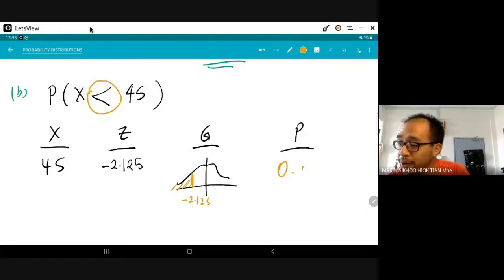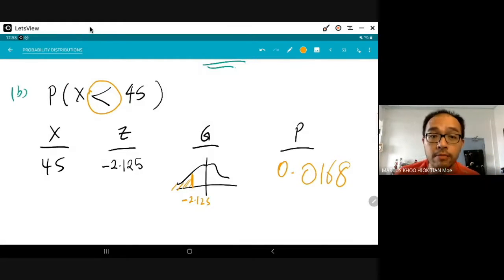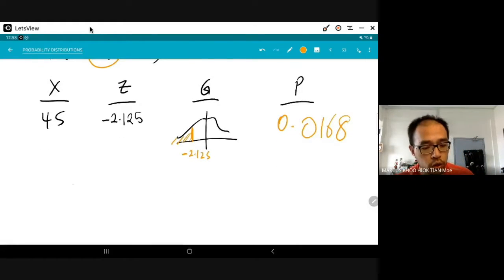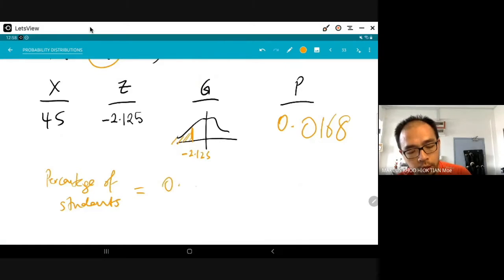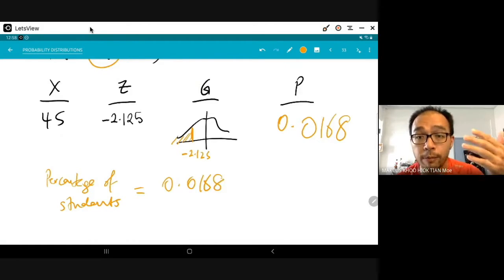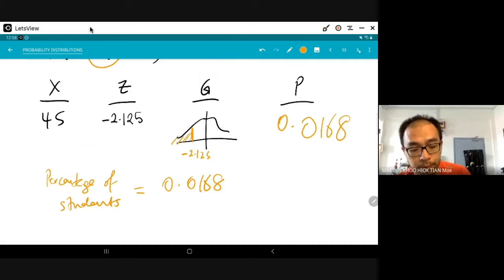Alright, so the answer will be 0.0168. But the question asks for percentage. So you still have to write it. Percentage of students equals 0.0168, and since they're asking for percentage, you just have to multiply by 100.